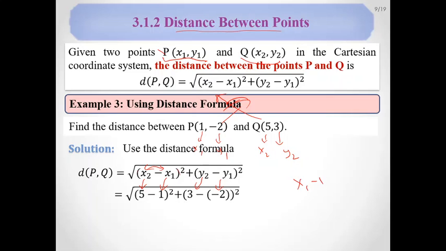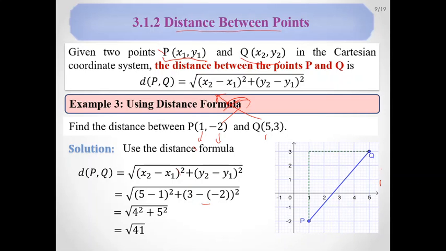When you take it like x1 minus x2 squared, it won't affect the result, because this is the negative of that one, but when we square them, they're the same. So after calculating this, we have to be careful about the minus signs, and then we have square root of 41.